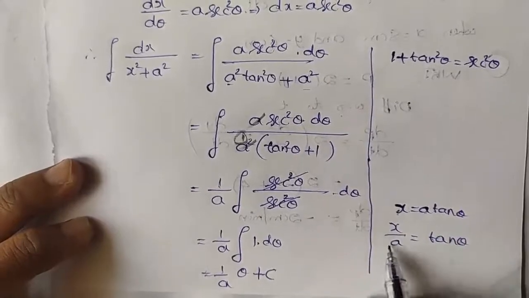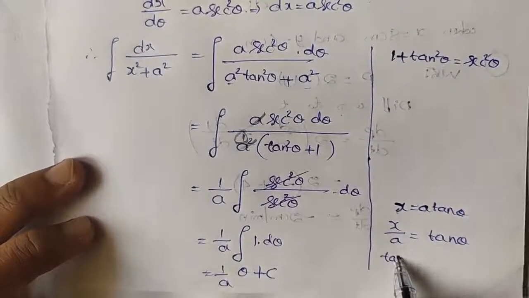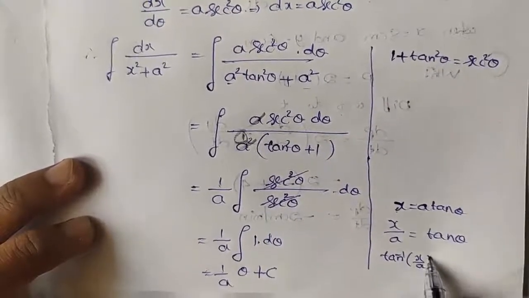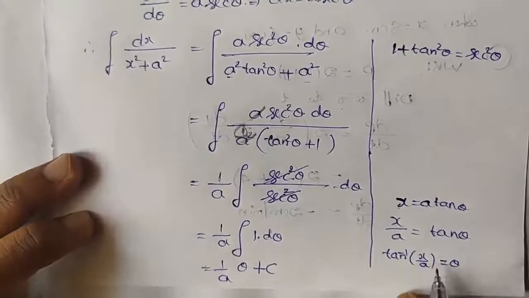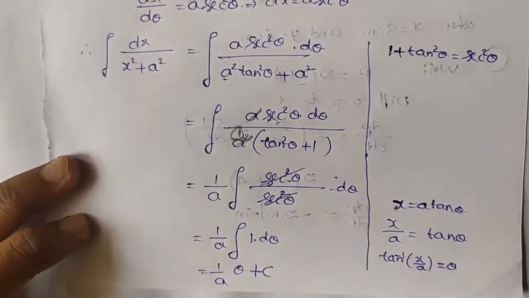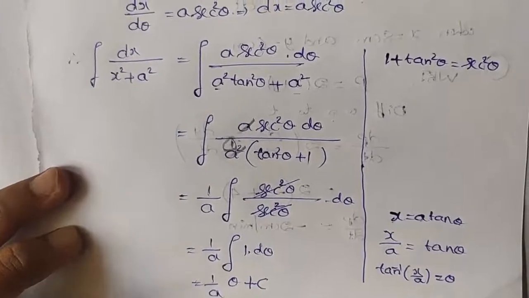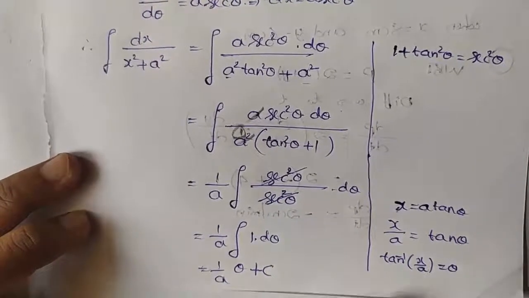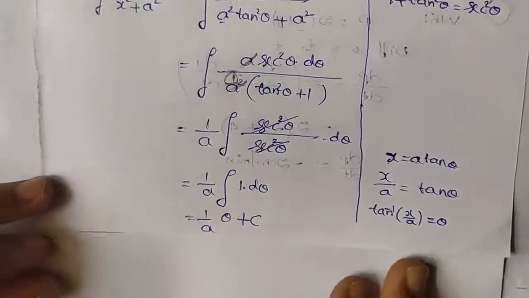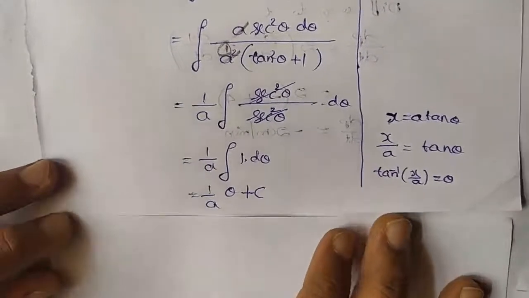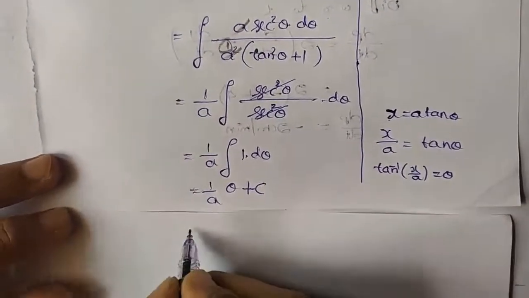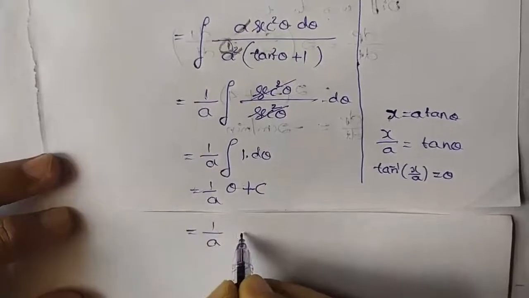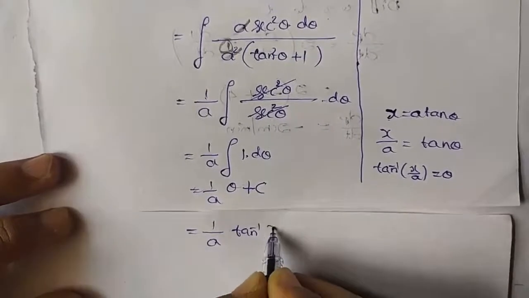Now take tan to the left, that will be tan inverse of x by a equals theta. In place of theta we replace tan inverse of x by a. That is equal to 1 by a into tan inverse of x by a plus c.